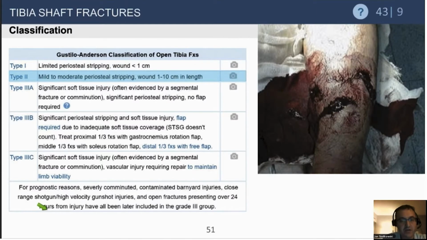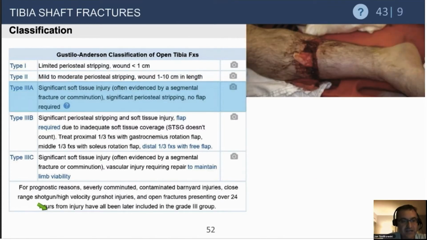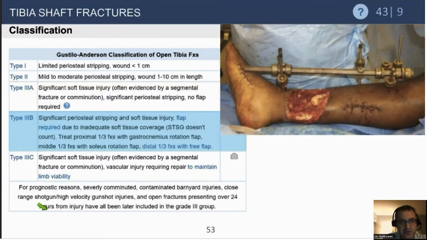Type 2 is going to have mild to moderate periosteal stripping, usually a larger wound, 1 to 10 centimeters in length. Type 3, significant soft tissue injury, okay? Segmental fracture, comminution, severe periosteal stripping, but there's going to be no flap required for a type 3A. Type 3B, though, requires many times a soft tissue flap or coverage. But the key thing to note here, a split thickness skin graft does not count as soft tissue coverage.